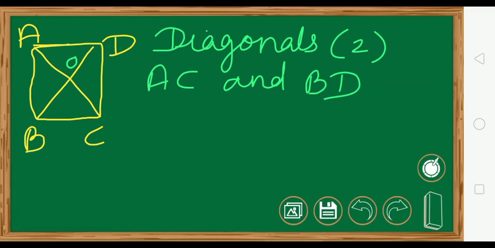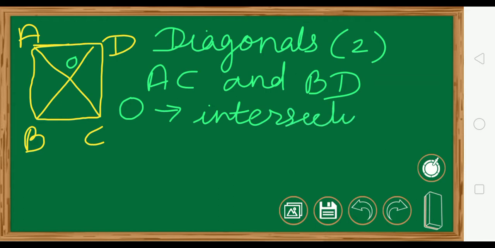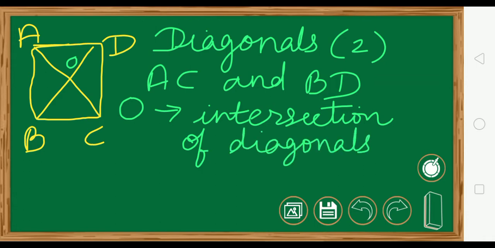O is the point of intersection of diagonals. Okay? Clear? You have understood sides, you have understood angles, you have understood diagonals.